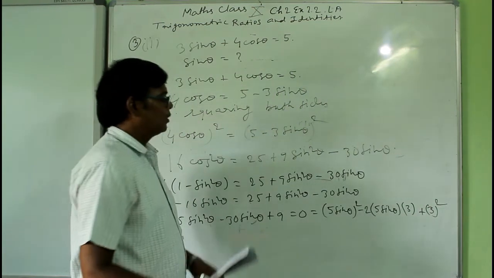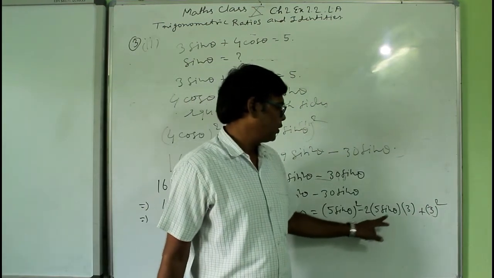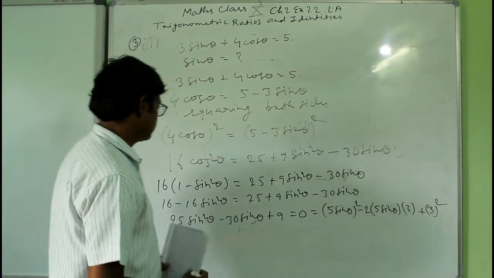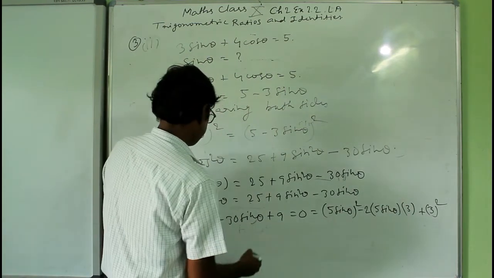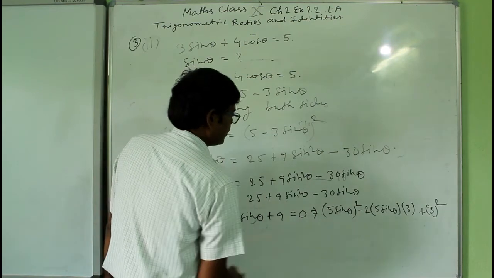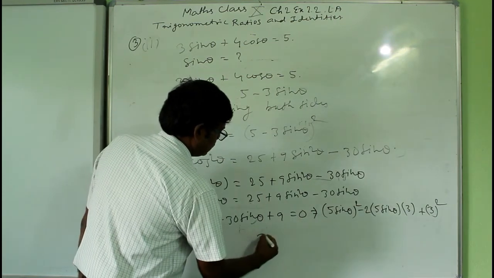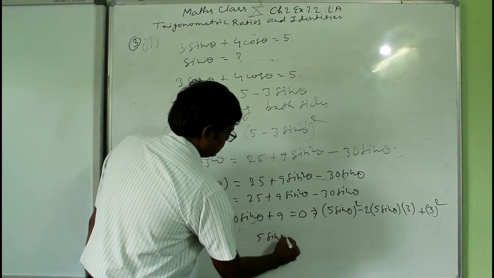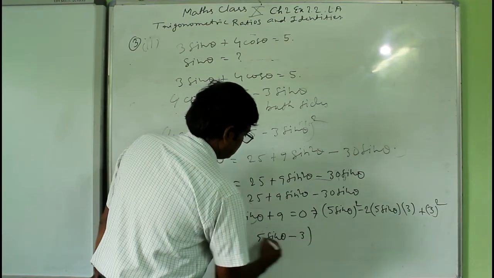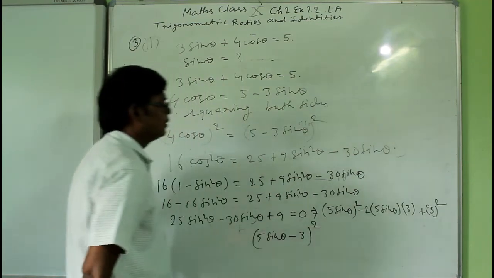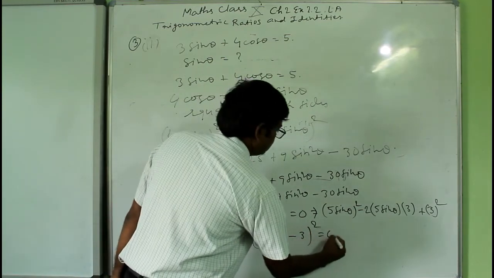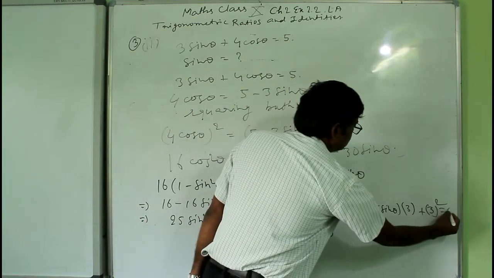Now see here that is a square minus 2ab plus b square. So you have, then it will be (5 sin theta minus 3) whole square. Okay, so it will be equal to 0.